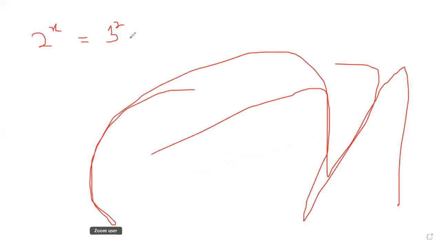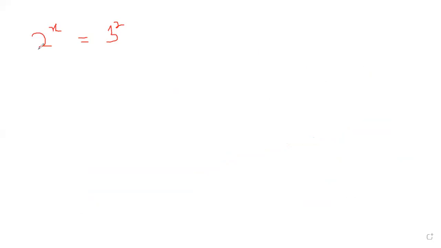When bases are different like this, we always know that if you want to bring an exponential power down, just introduce the log. So we can introduce logarithm here. When we introduce log to the base 2 here, it will look like this: 2x, then you do the same thing on the right hand side.